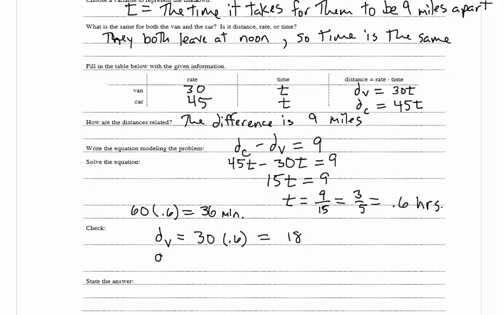And then we have the distance of the car in that time, which is 45 times 0.6, and that's equal to 27, and both of these are in miles. And then if we did 27 minus 18, it is equal to 9. So the difference between the two is 9 at the time, 0.6 hours, or 36 minutes.